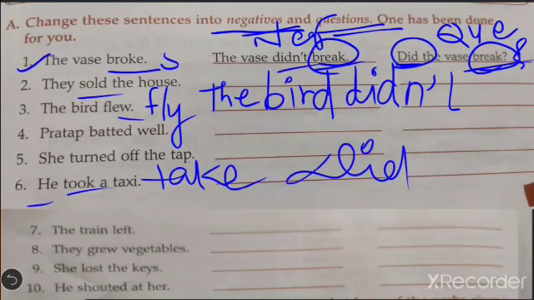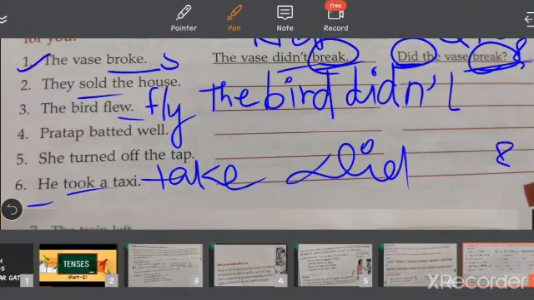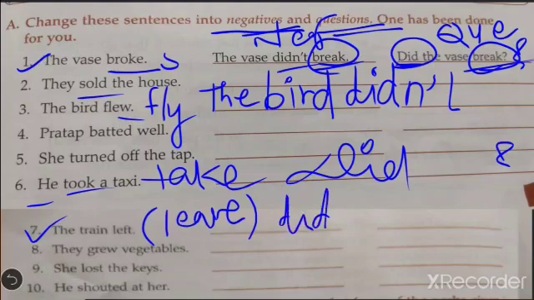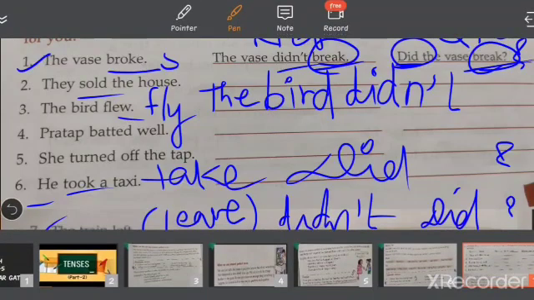Did he take a taxi, and question mark. Now look at the seventh one, the train left. Now left is the past form of leave. In a negative sentence, the train didn't leave. And in a question sentence, first did will come. Did the train leave, and question mark.